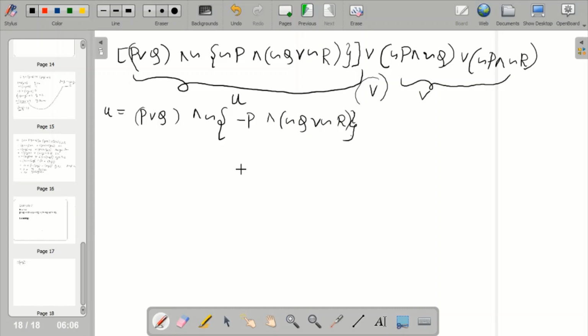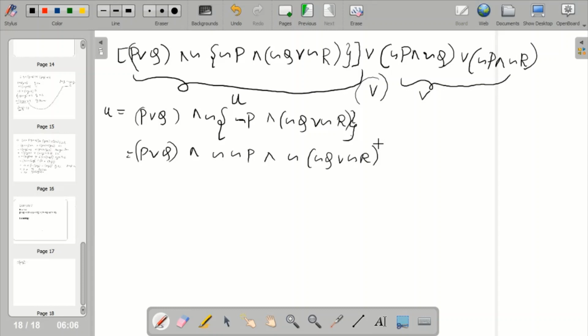This was negation. So you know that this can be solved by using De Morgan's law. This will keep as it is, P or Q as it is, and this we can apply De Morgan's law again. Negation of P and negation of Q or negation of R.